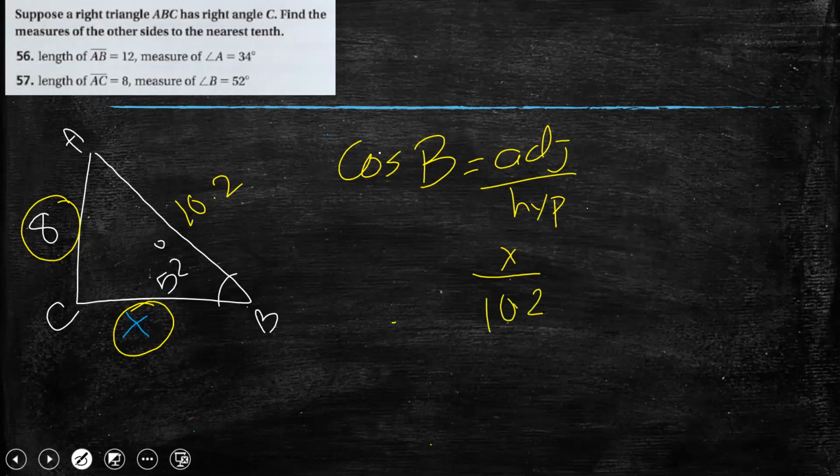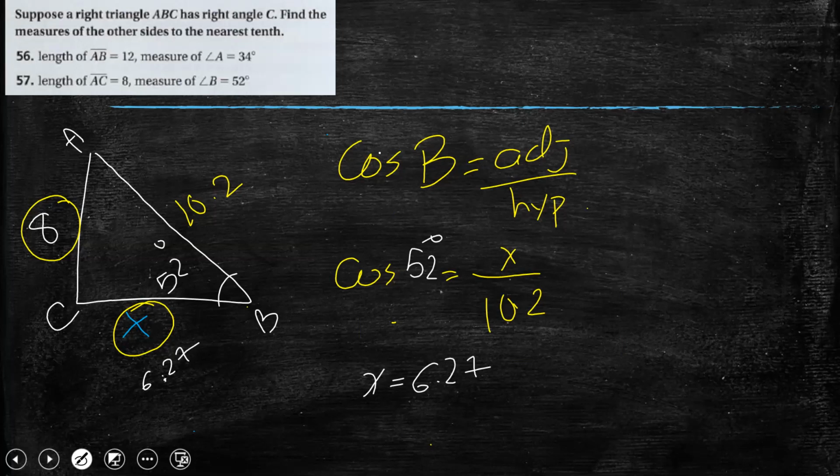So cosine B, or cosine 52, equals x over 10.2. Then 10.2 times cosine 52 will give you x, which is 6.27. This is how to find the missing sides.